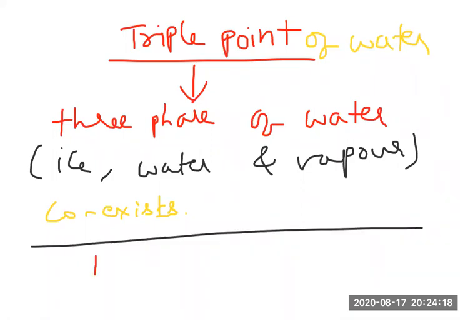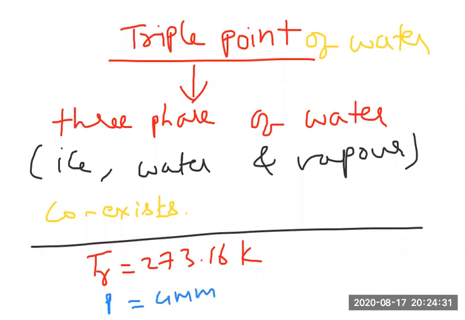This occurs only at the triple point temperature, 273.16 Kelvin, and the pressure is taken as 4 millimeters of mercury level. At this particular temperature and pressure only, we can observe the triple point concept, beta. Only in these situations will we observe the triple point concept, not in all situations.